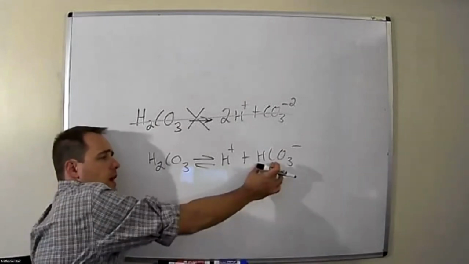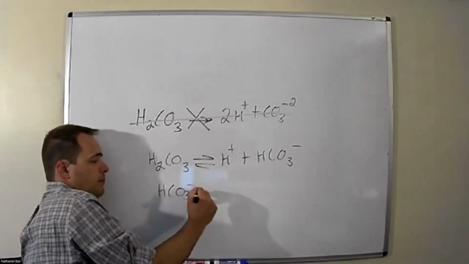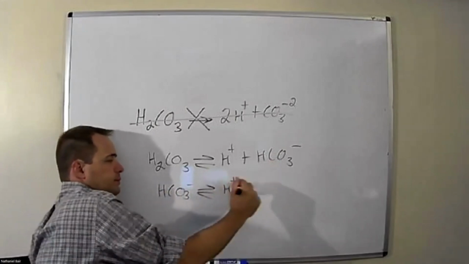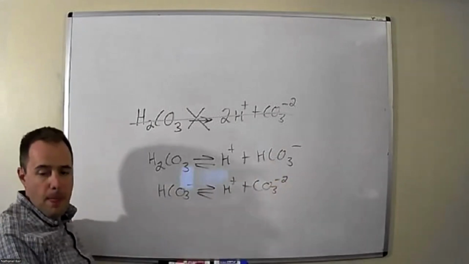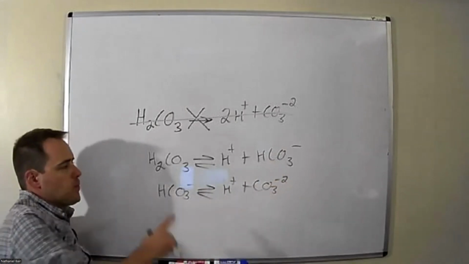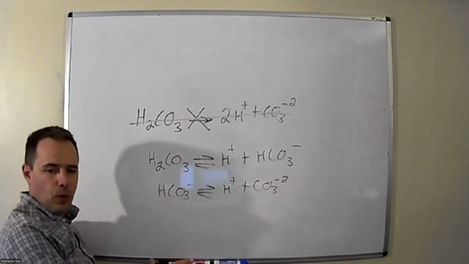So now this guy can lose another hydrogen. In a second step, the second hydrogen would pop off. Let's talk about some of these things. The first hydrogen coming off is always more acidic than the second one.